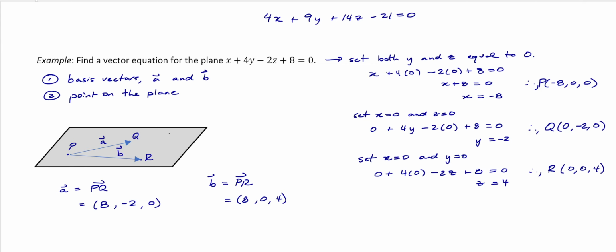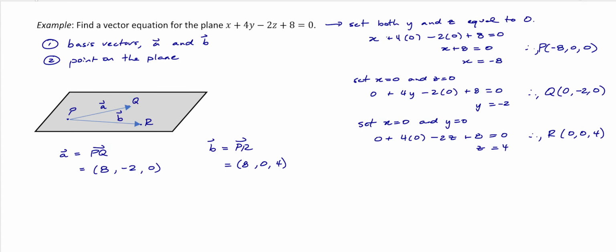Okay, remember that the vector equation of a plane is given as, and I'll write it generally, OP, which points from the origin to any point on the plane, is equal to the origin to a point on the plane plus a scalar multiple of A, plus a scalar multiple of B, where s and t are elements of all real numbers.